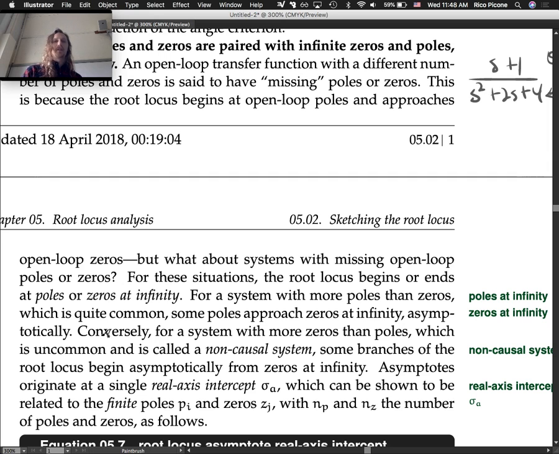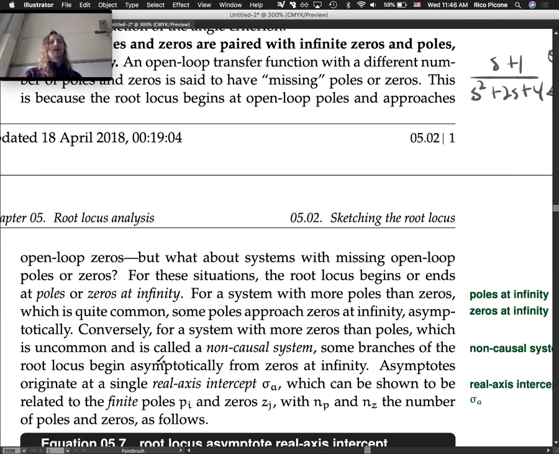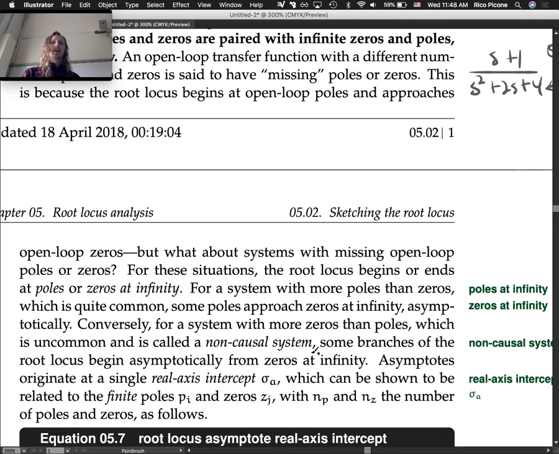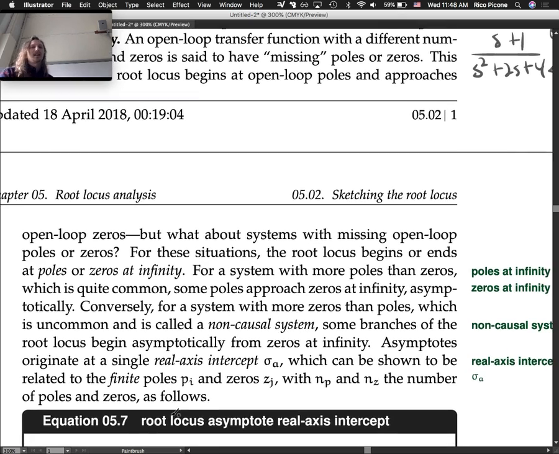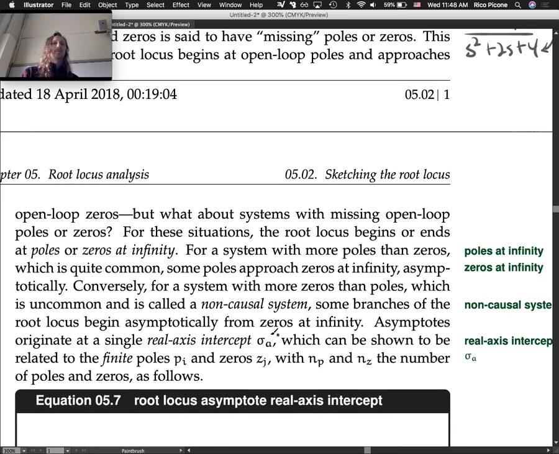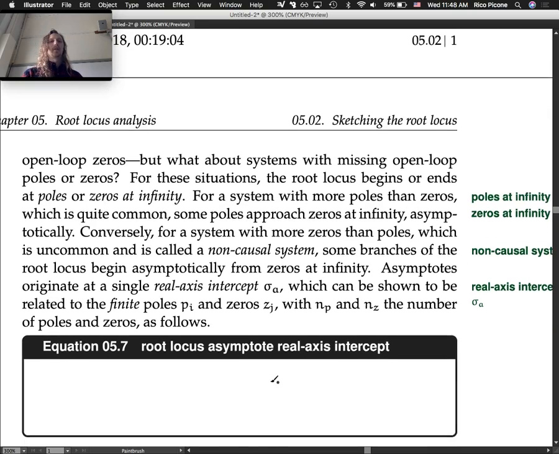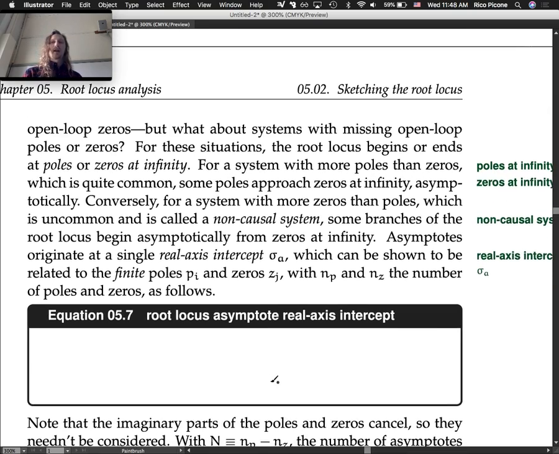Conversely, rarely, for a system with more zeros than poles, which is uncommon and is called a non-causal system, this is something that we don't typically see. Some branches of the root locus begin asymptotically from zeros at infinity. Asymptotes originate at a single real axis intercept, sigma a, which can be shown to be related to the finite poles p_i and zeros z_j, with n_p and n_z the number of poles and zeros, as follows.